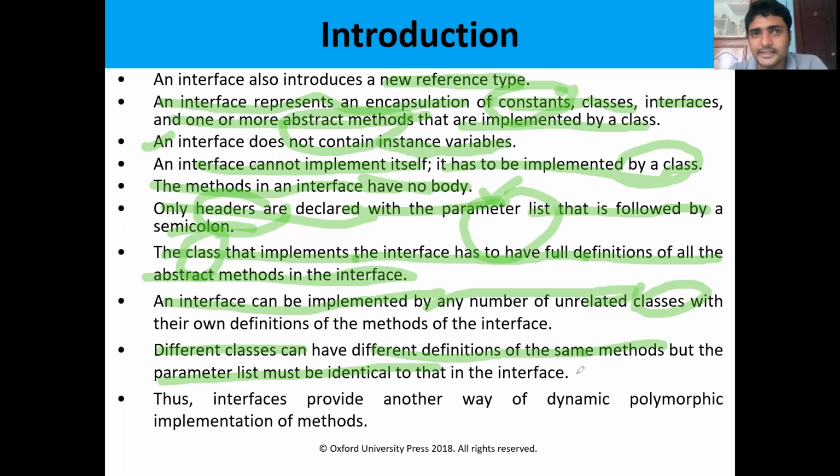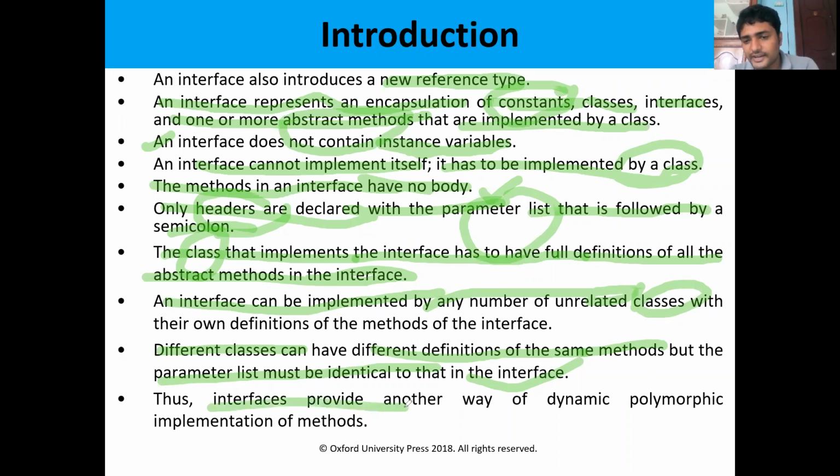Class 1 has a method void display with parameters int a, int b, and it has the definition in class 1. Class 2 has the same void display with int a, int b. Same method name, same parameter list. That is possible in interfaces, that is, abstract methods.